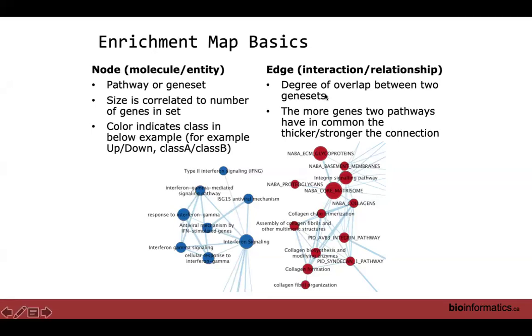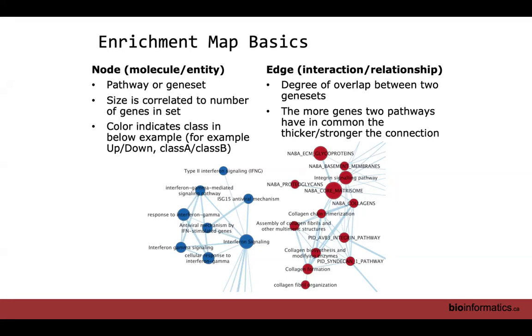So a few of the other features that we use in order to add information to our enrichment map: as I've said already, each node is a pathway or a gene set. The size of it is by default correlated with the number of genes associated with it. You can change that size to be directly proportional to the enrichment score, for instance. So, the more enriched a gene set is, you can make it bigger.